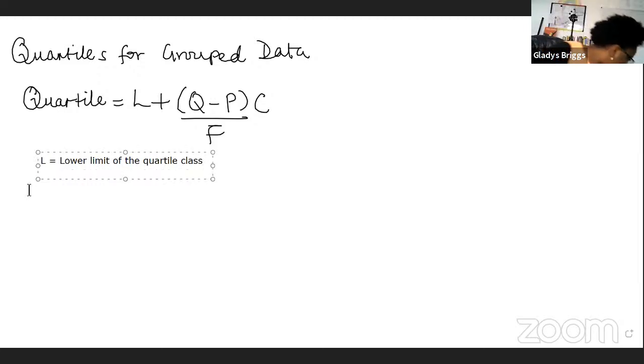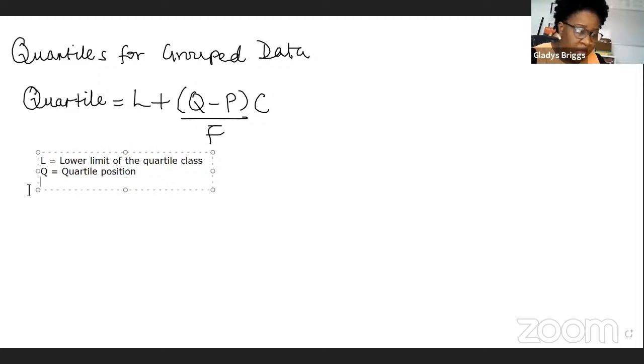Q stands for the quartile position. And P stands for the cumulative frequency of the preceding class.